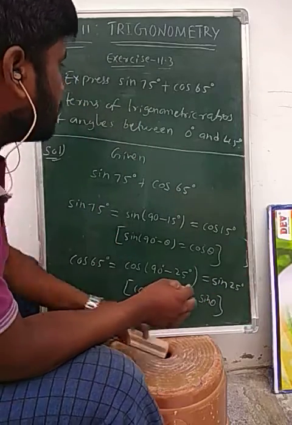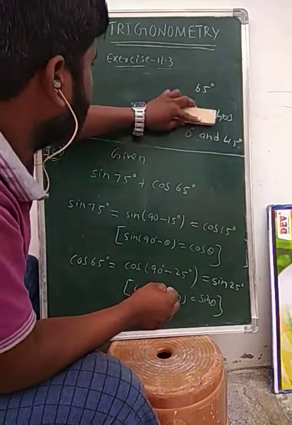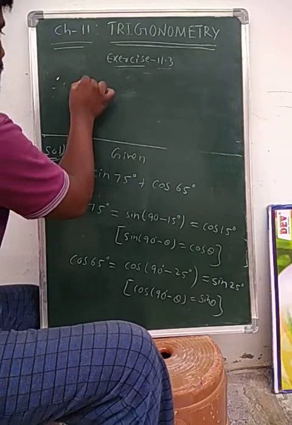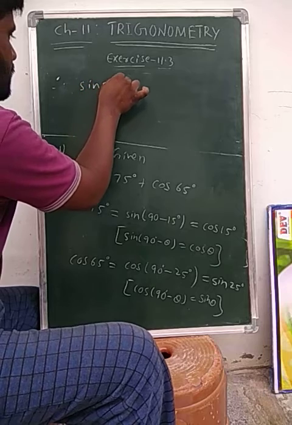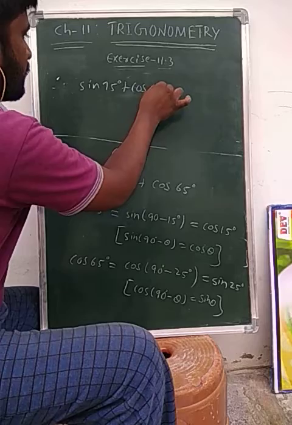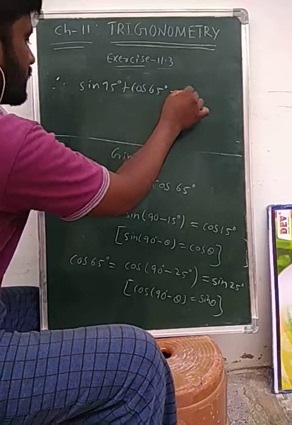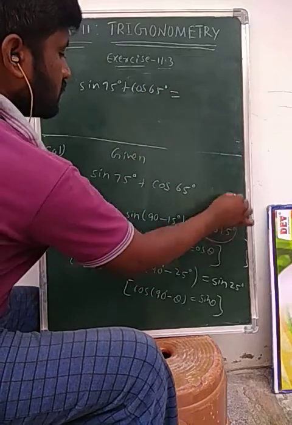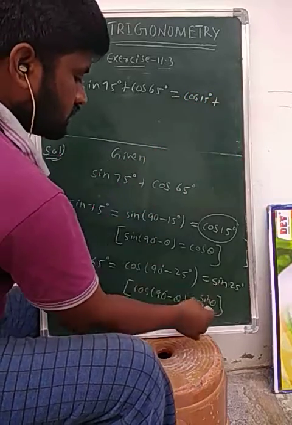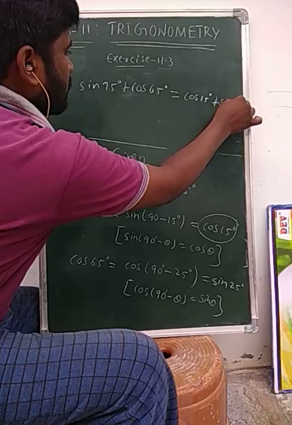Therefore we can express sin 75 degrees plus cos 65 degrees as cos 15 degrees plus sin 25 degrees.